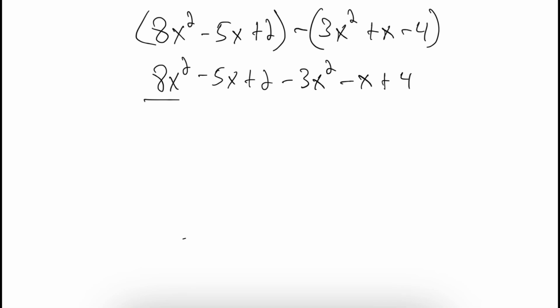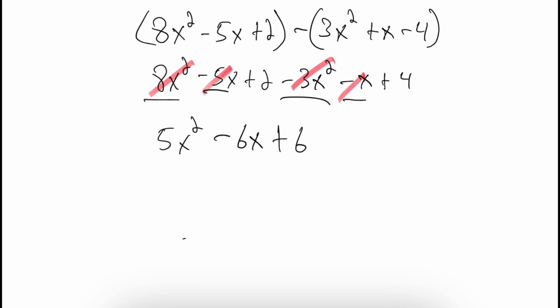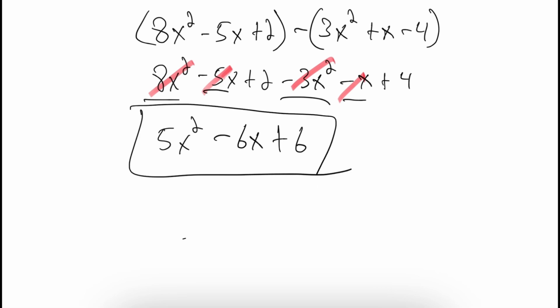So now we have 8x squared minus 3x squared is 5x squared. And negative 5x minus x is negative 6x. And 2 plus 4 is 6. So our final answer is 5x squared minus 6x plus 6.